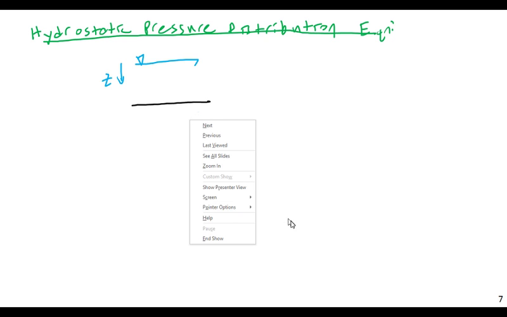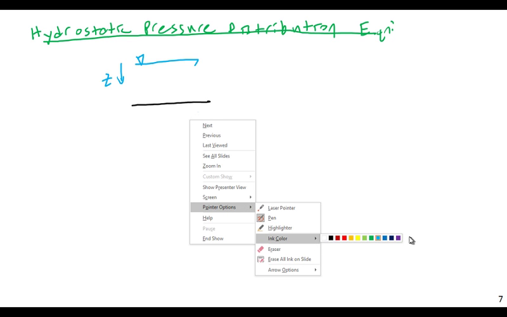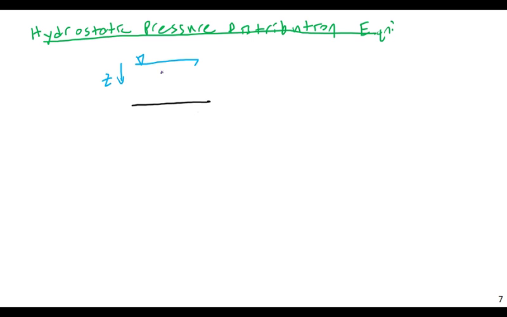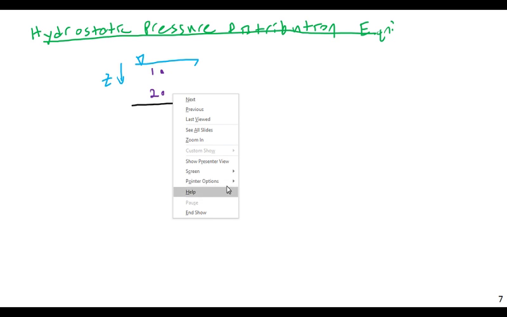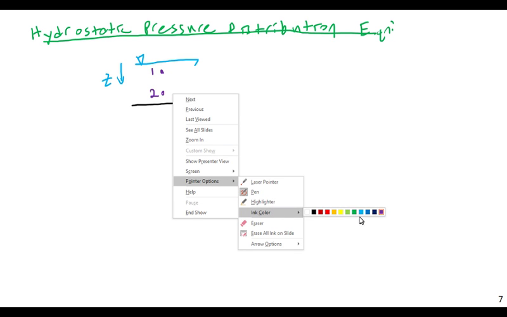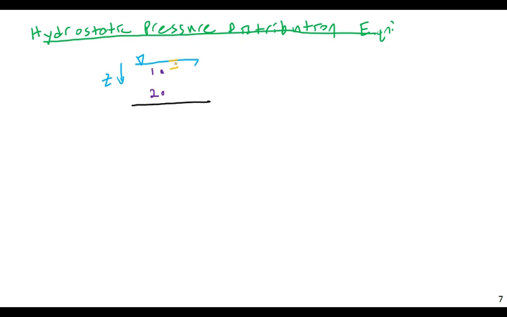Let's say we have 2 points, point 1 and point 2, with 2 different z values, z1 and z2.